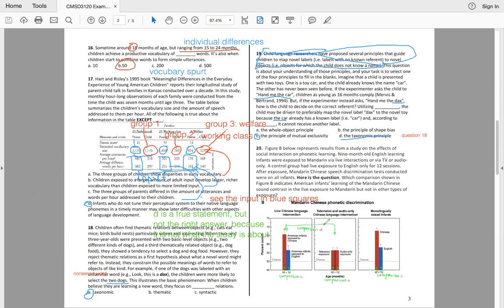So the answer is D. The right answer is comparison D, involving live exposure, TV exposure, and audio only exposure.